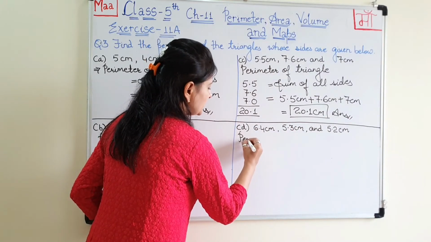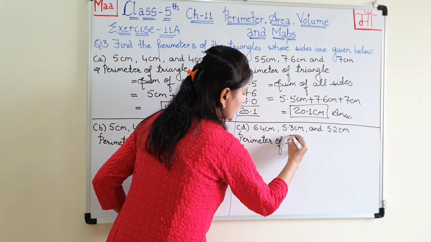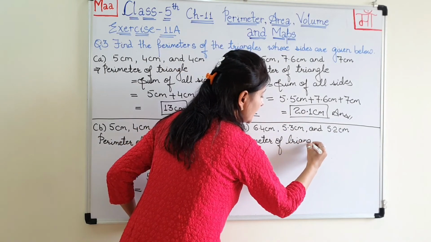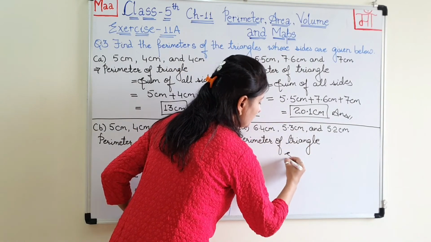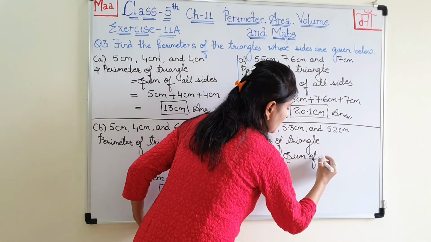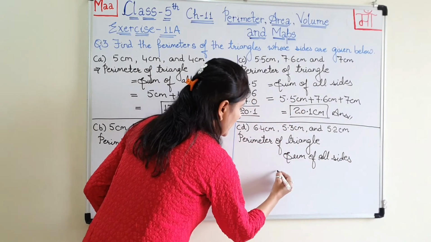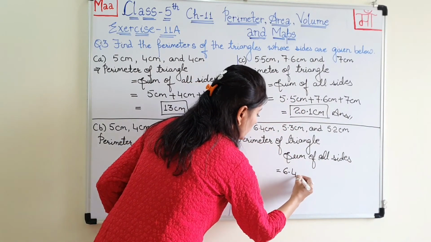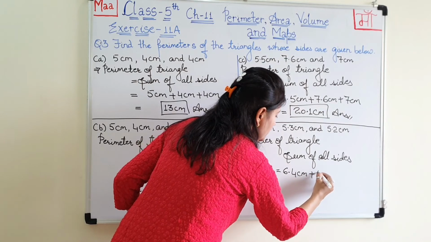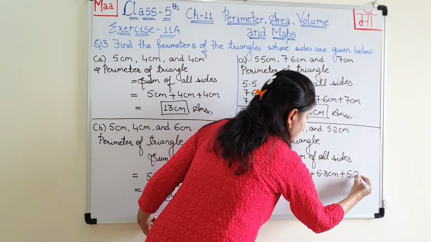Next, perimeter of triangle again, and yes, it will be what? Sum of all sides. Sum of all sides, and here the sides are given as 6.4 centimeter, 5.3 centimeter and 5.2 centimeter.